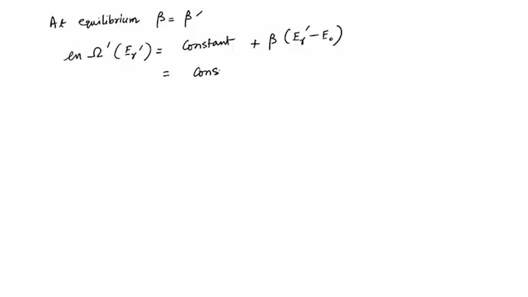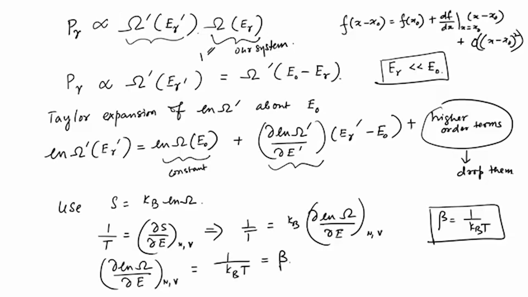Okay. So, now you see we can also write this as a constant plus beta E r prime. So, this is, it should be E 0, pardon me for this, this is E 0 minus E r prime.